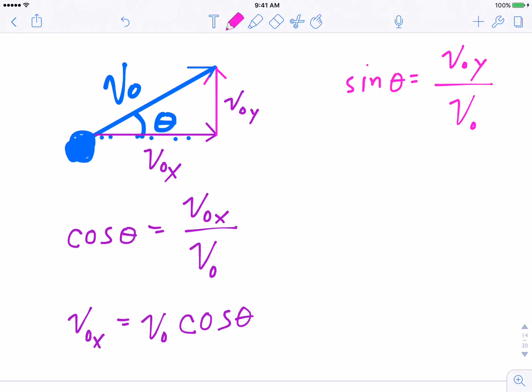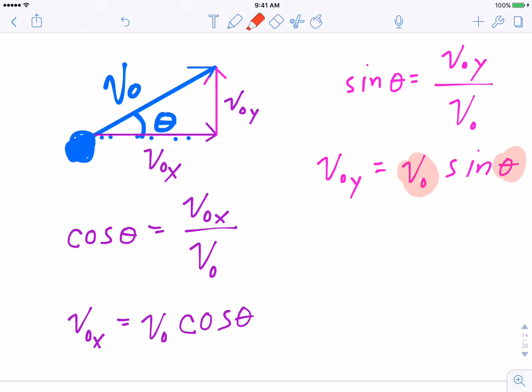I'm going to solve for VOY, and now I know that VOY is equal to VO sine theta. I now have VOY in terms of VO and theta, which are variables I'm allowed to use according to this.